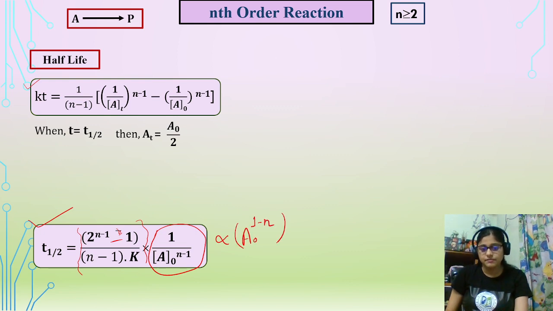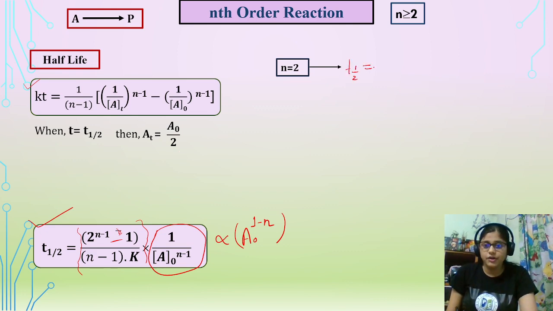Same thing, right? We have to remember this one. So now if we calculate for n equal to 2, we have just shown you for n equal to 2, right? So if n equal to 2, we put here t half will be equal to 2 to the power 2 minus 1 minus 1. Clear?